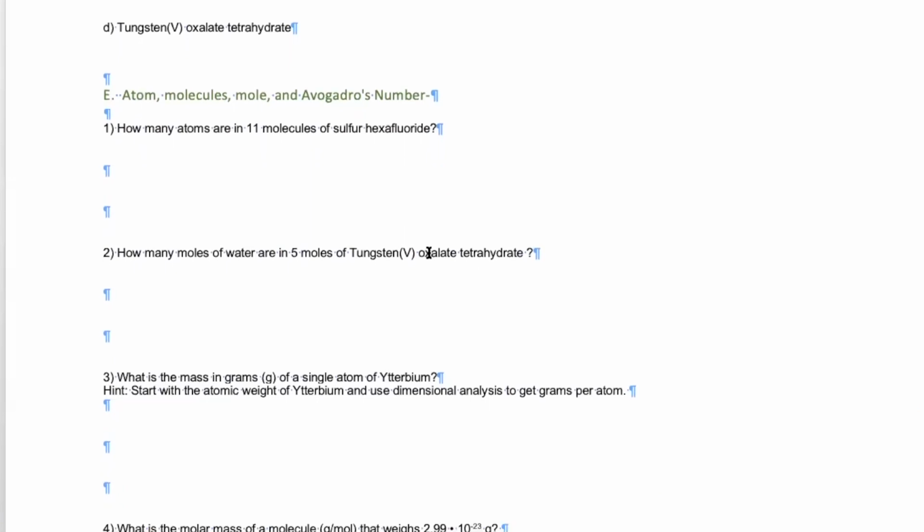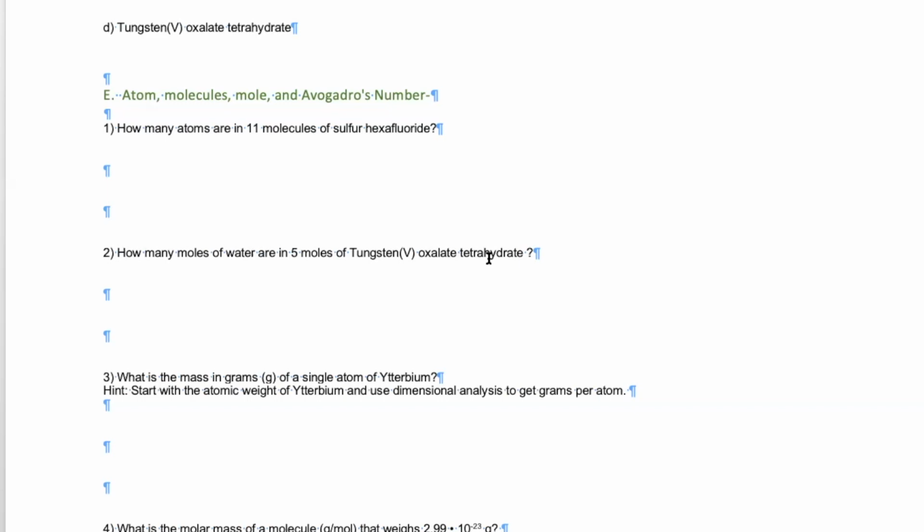This one right here, how many moles of water are in 5 moles of tungsten(V) oxalate tetrahydrate? Well, 1 tungsten(V) oxalate tetrahydrate has 4 waters, okay? So if you've got 1 mole of that, then you would have 4 times Avogadro's number.